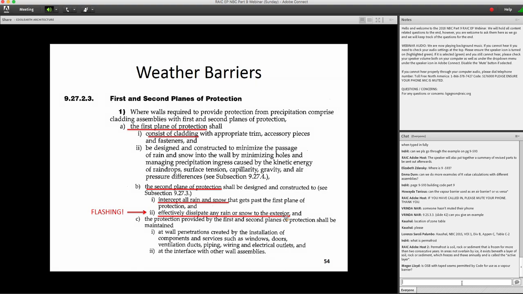The second plane of protection, I jump directly to B, shall be designed and constructed to intercept the rain and snow and effectively dissipate any rain or snow to the exterior. So that's basically telling us not only do you have to have a membrane on the second plane of protection, but you also have to dissipate that water or rain that can penetrate, and the way you do it is through flashing. At the bottom of each wall, we do have to have a flashing that will dissipate that water that might come in to the outside.